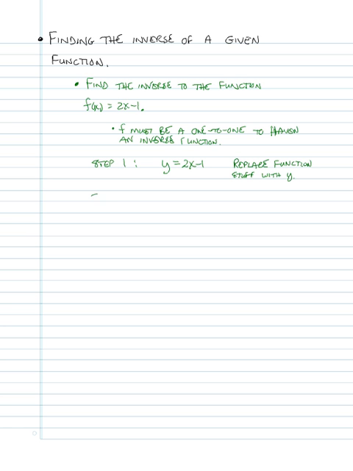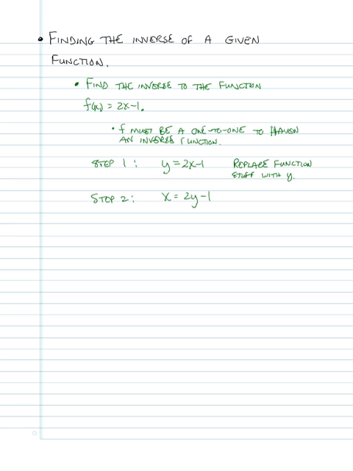Okay, step 2. Remember the relationship between inverse functions is that the roles of x and y are reversed, as when we looked at the ordered pairs. So to have an inverse, the roles of x and y need to be reversed. That means for the inverse, every y is really an x, and every x is really a y.